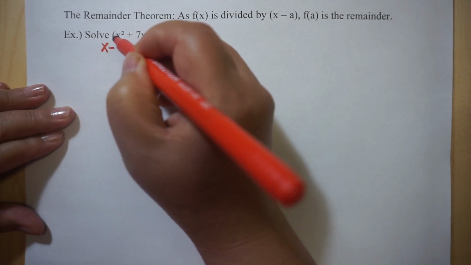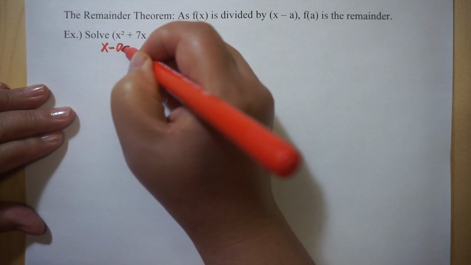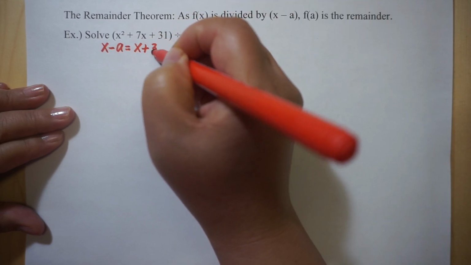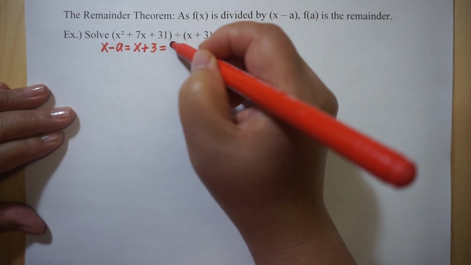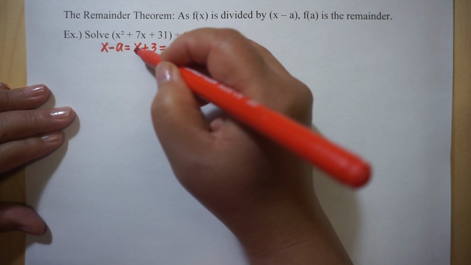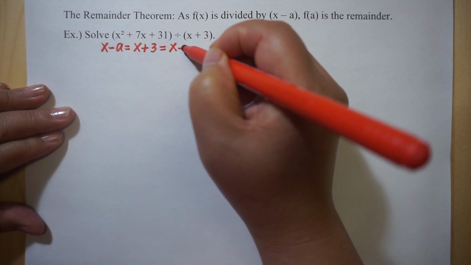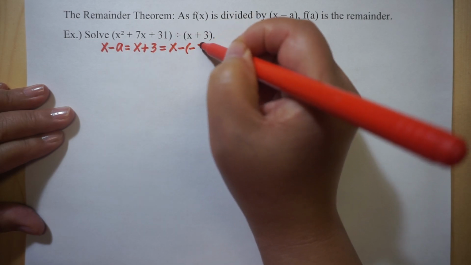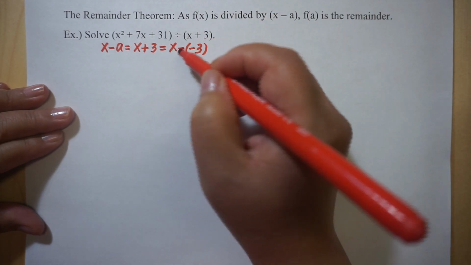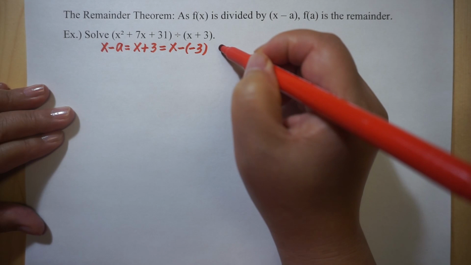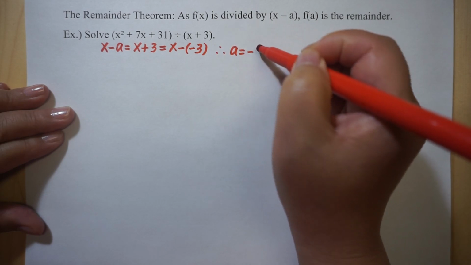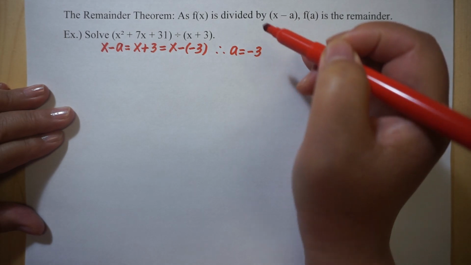X minus a is equal to x plus 3, which is x minus negative 3, because we're gonna change the sign. This and this is the same, x plus 3 and x minus negative 3. So that is why we know a is equal to negative 3.